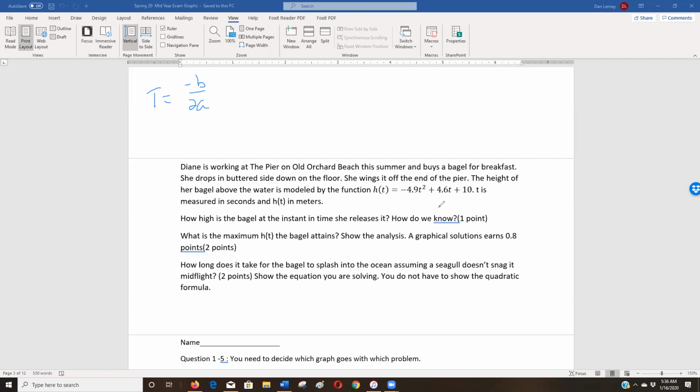In other words, that's when it'll reach the highest. So if I look at this problem, I see -4.6 divided by 2 times -4.9. And if we do that math, let's see, and I did this once already. Maybe I should stop this video and go get my work.